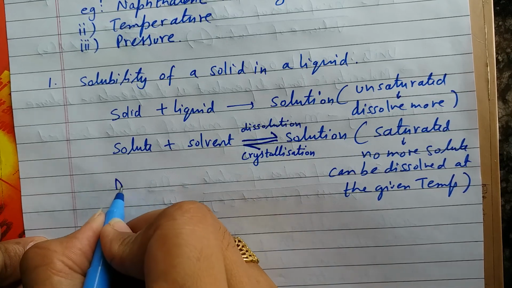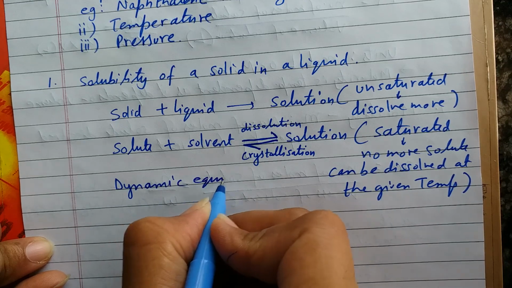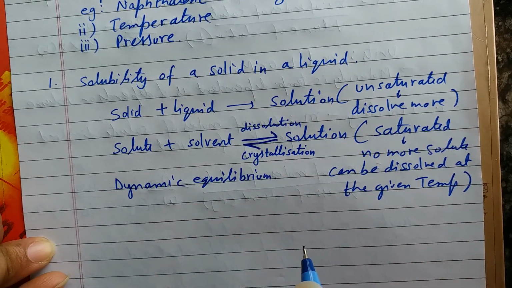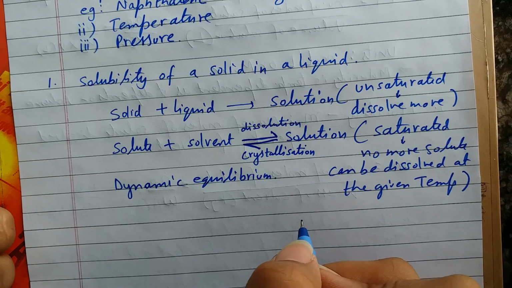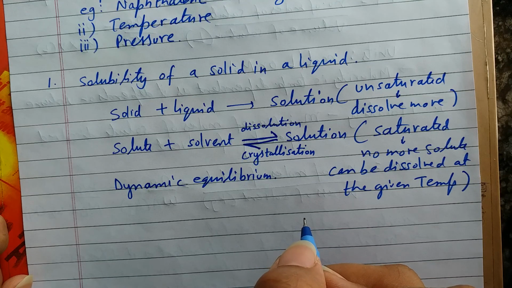And what do we call this situation as? We call this situation as dynamic equilibrium. So dynamic equilibrium means that there are two processes going on, forward and backward. Which are these two processes here? Dissolution and crystallization. And the two processes are taking place exactly at the same speed, same rate.